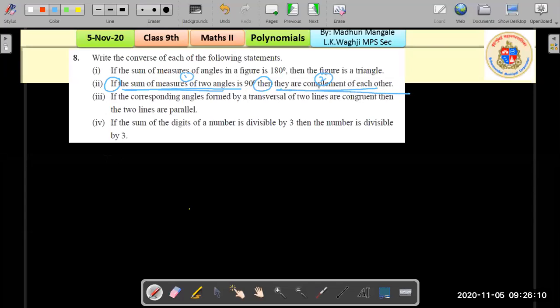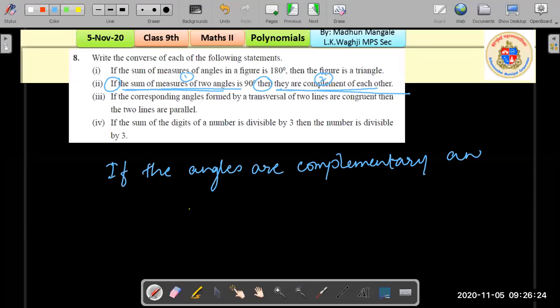The complementary angles, right? So if the angles are complementary angles, then what would happen?